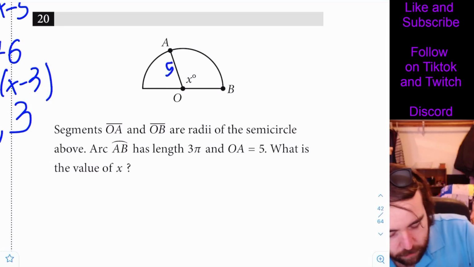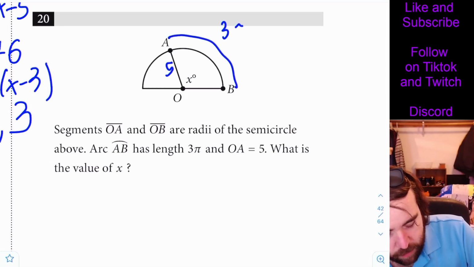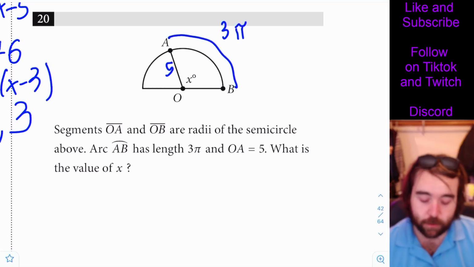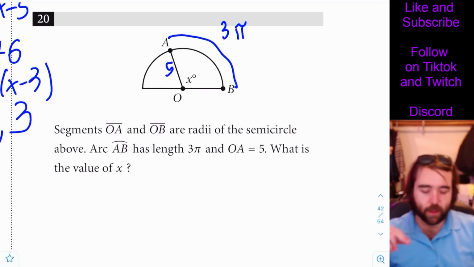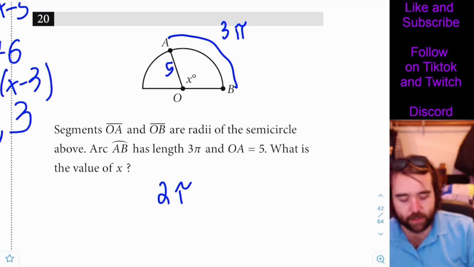Got it. So this length here is 3 pi. So we're talking about sectors of a circle, and about the circumference of an entire circle. They do give you this formula, but you should know it. It's 2 pi r.